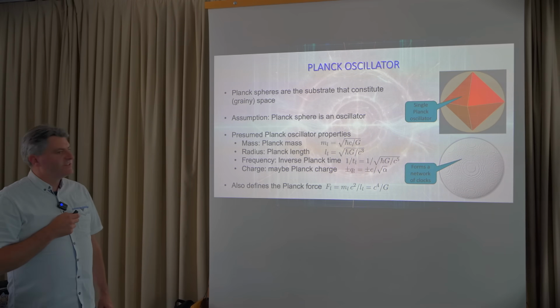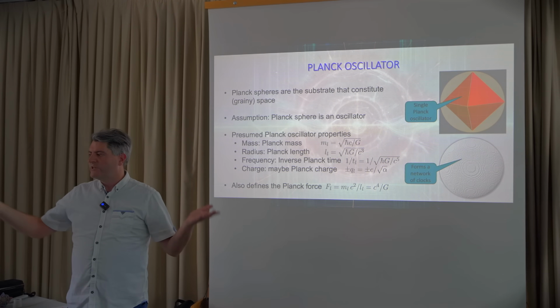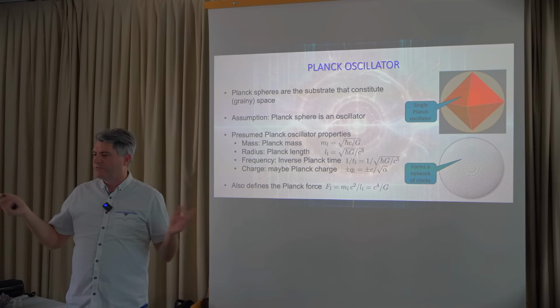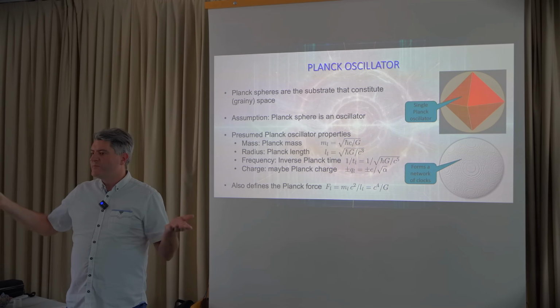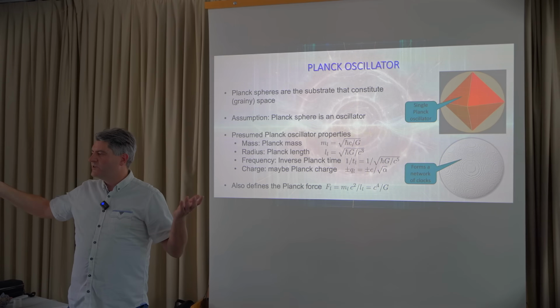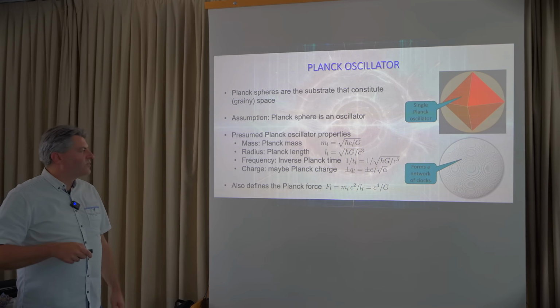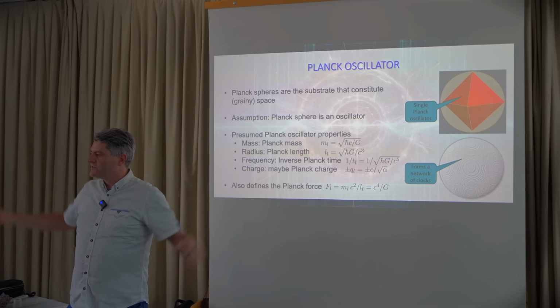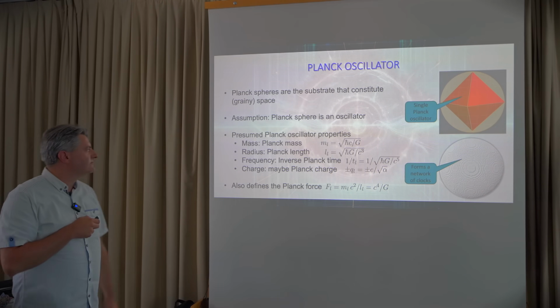Because how can we guarantee that time runs equally fast in different parts of the universe, even if you leave general relativity out of the picture? The rate of time could be different in different parts of the universe, and maybe the Planck spheres are giving a synchronized clock mechanism across the universe.